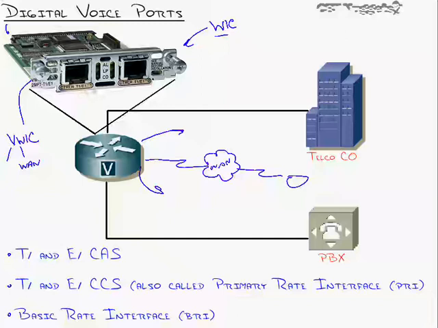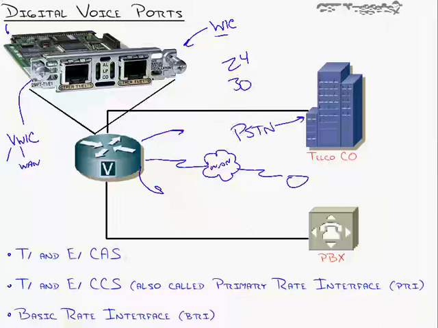The point of these is that you can get, using T1, up to 24 channels, or with E1 up to 30 channels of voice communication between you and the PSTN, or you and the legacy PBX system down here.